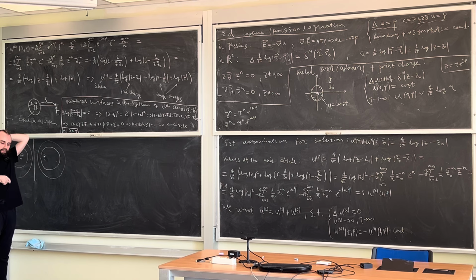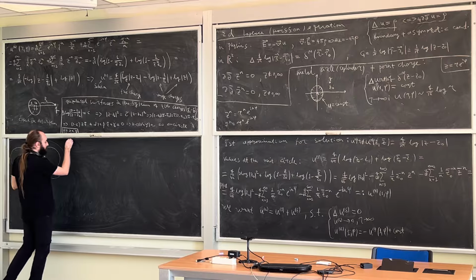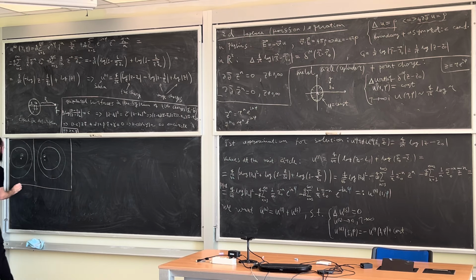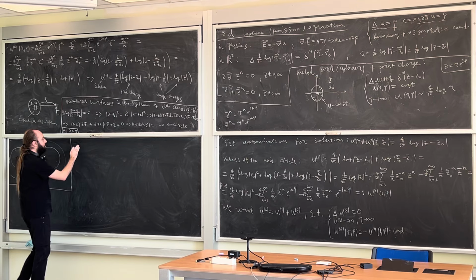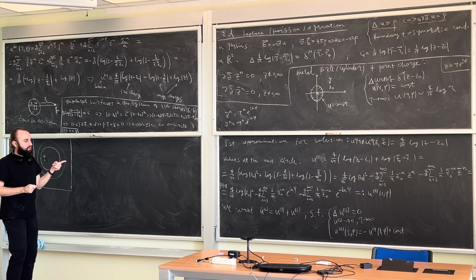So now let us try to study almost the same problem, but actually slightly simpler. So we want to find the Green function of this Poisson equation in the unit disk.